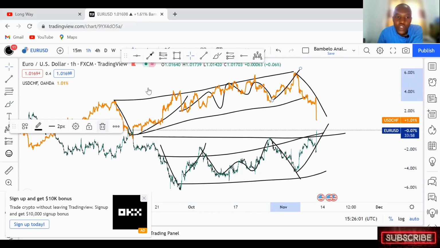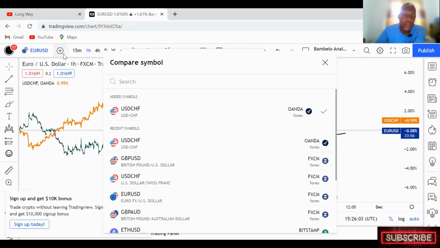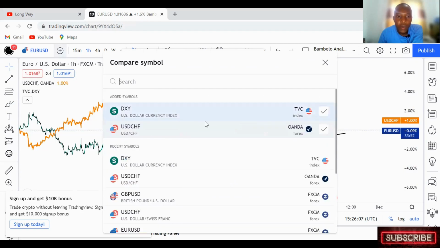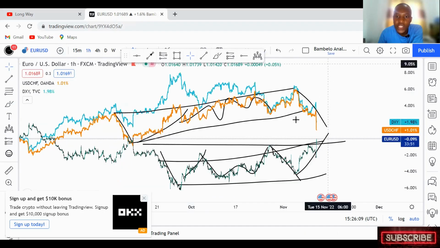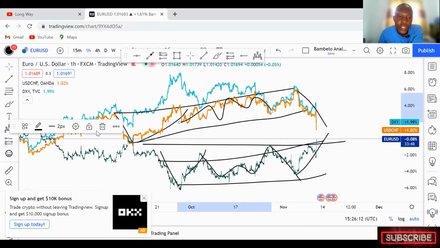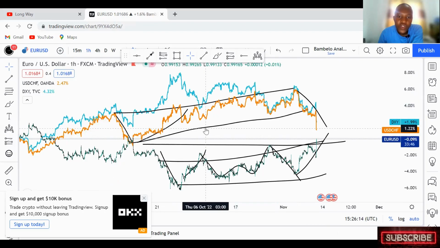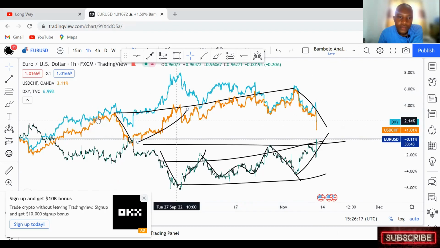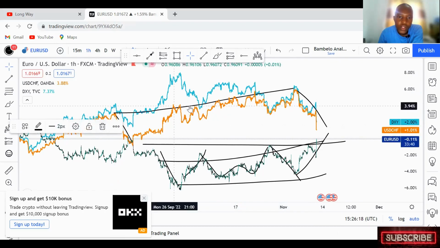So if I can just quickly show you what I'm talking about when I'm saying that the DXY is correlated with USD Swiss francs, you would see exactly what I'm talking about. So the DXY is the light blue one.